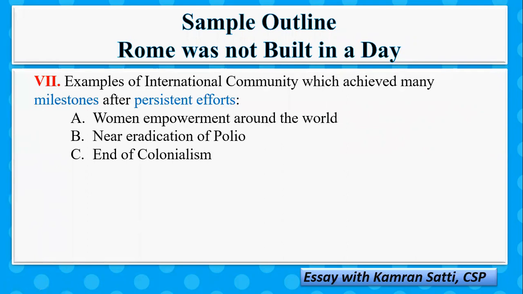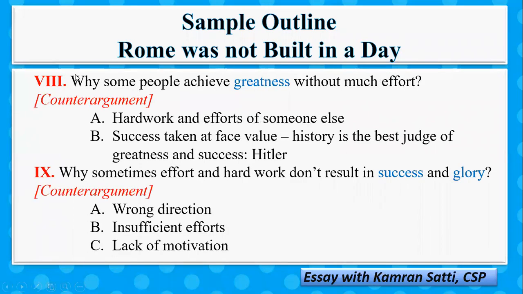Moving on, I have given a separate heading: why some people achieve greatness without much effort. Once again, I'll be strengthening my stance by giving counter arguments. I hope you have watched the lecture regarding counter arguments, on how we write them. But if you are confused, then don't even bother about counter arguments.